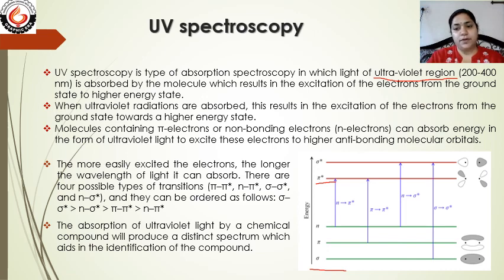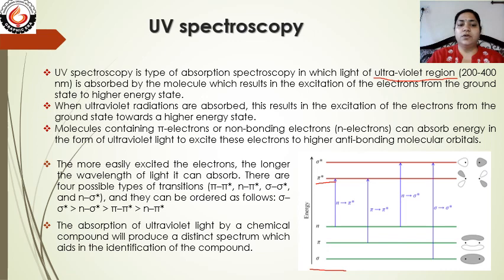Obviously, the transfer from sigma to sigma anti-bonding requires more energy, and this much energy is not available in the UV range. So all molecules having only single bonds will not give any result in UV spectroscopy. But all molecules having either a double bond or non-bonding electrons will fall into this region and will give a result in UV spectroscopy.